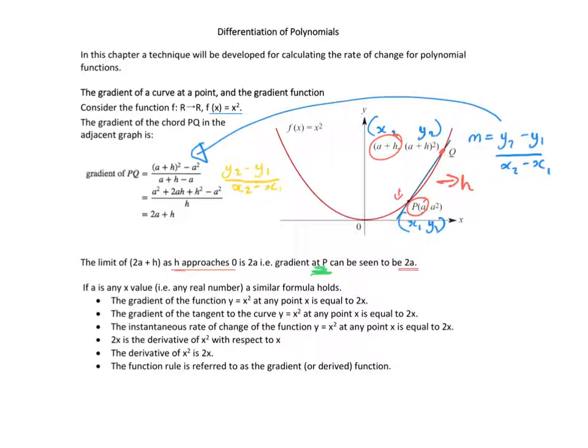So the rule was 2a plus h, but at point P, the gradient is 2a.